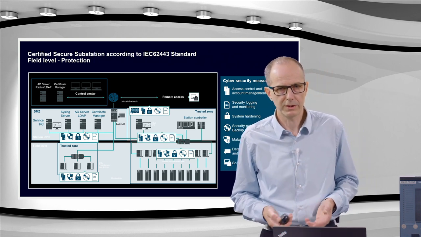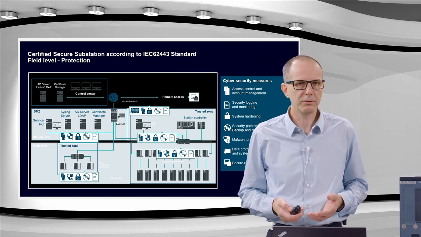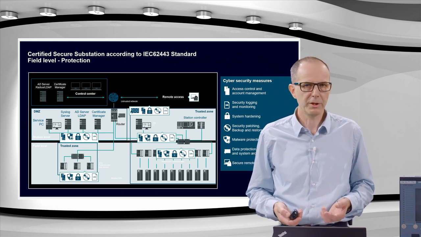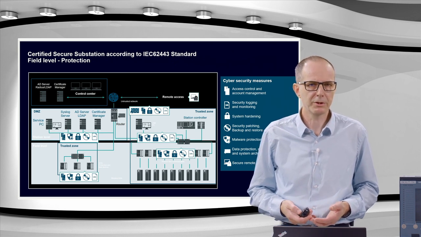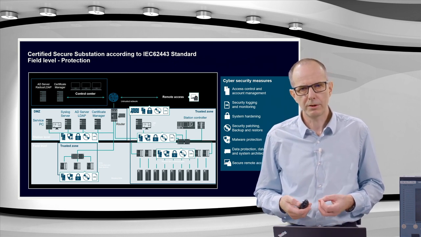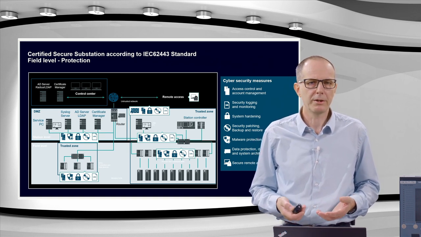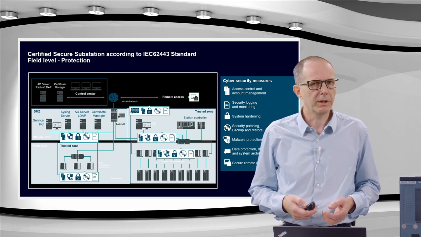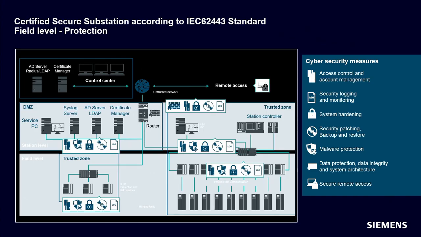If not, we at Siemens focus on standards, and one of them is IEC 62443, the cybersecurity standard for any kind of automation system, including protection and control systems for electrical substations. According to these requirements, we validated with the TÜV a best practice architecture for substation automation. These include aspects such as network segmentation, access control and account management, logging and others.